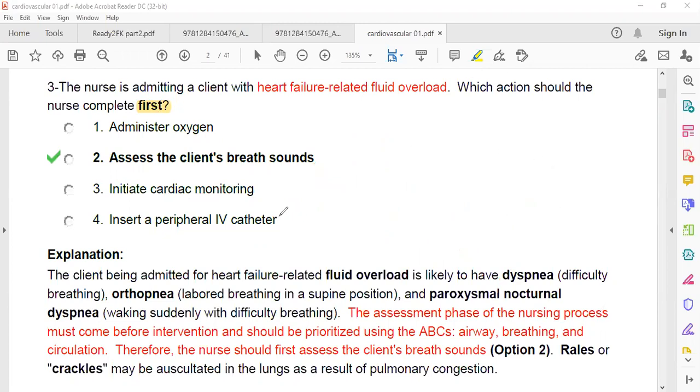Next, explanation. The client is being admitted for congestive heart failure and has a complaint of fluid overload. Fluid overload indicates my patient may have a respiratory complication.